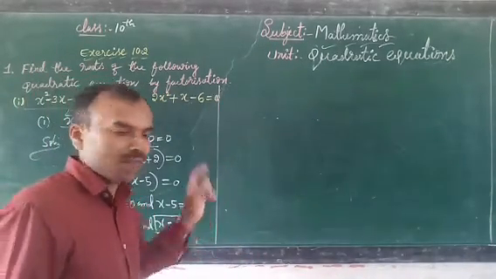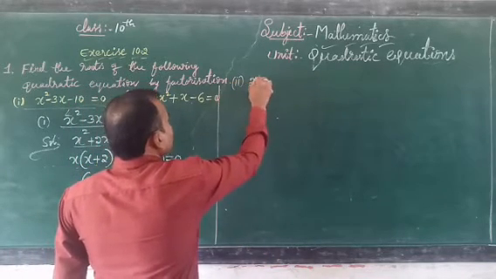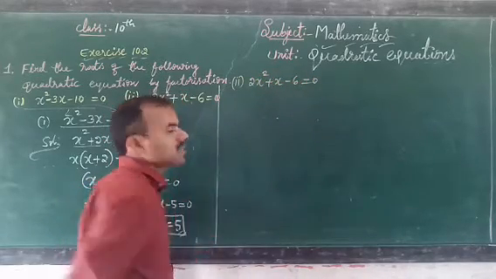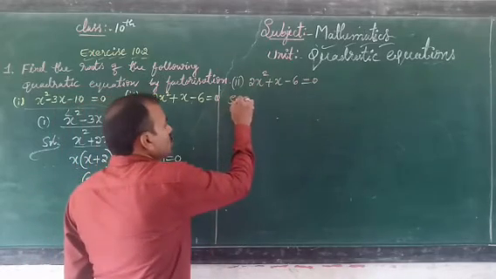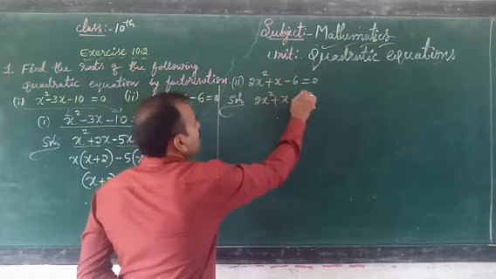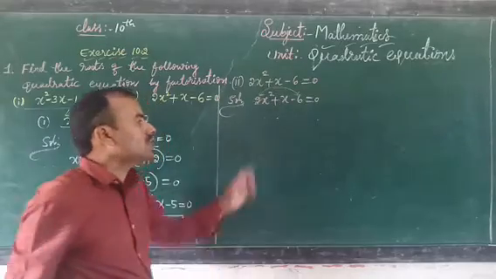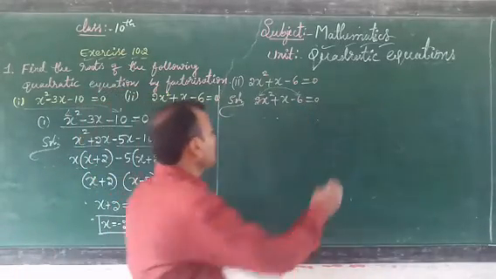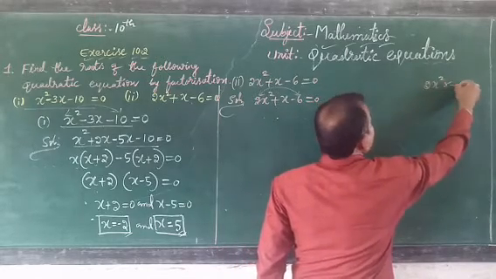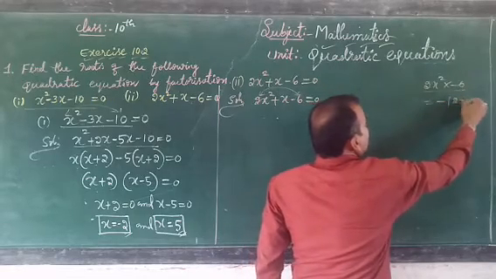Now I take the second one: 2x square plus x minus 6 equals 0. Solution: 2x square plus x minus 6 equals 0. Consider the product of first term and last term. 2x square into minus 6 is equal to minus 12x square.